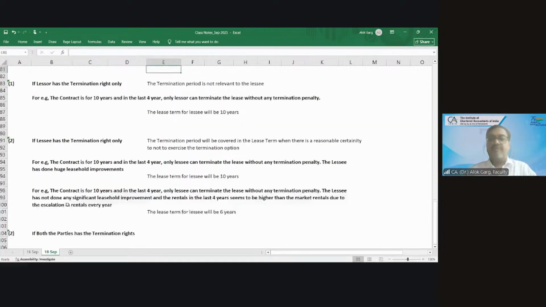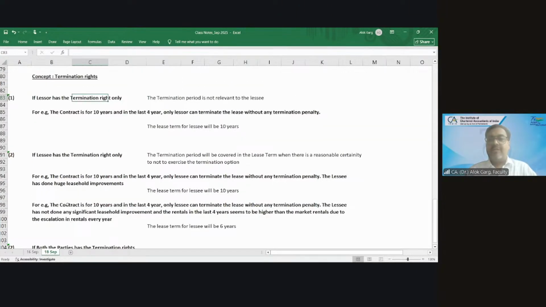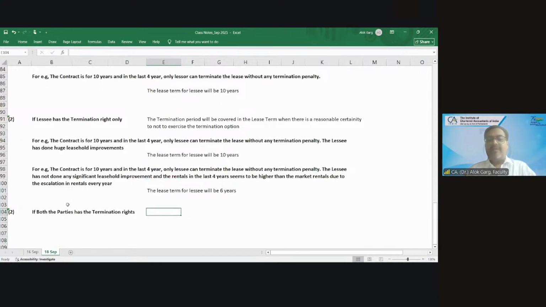So if lessor has the termination right only, the termination period is not relevant to the lessee, right? There is no termination period to the lessee, correct? Here, if both the parties have the termination right, then the termination period will not be considered for lease term.